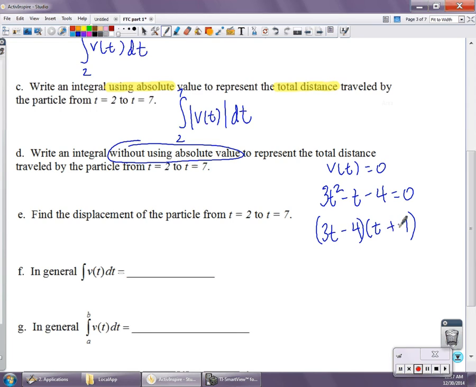Let me check myself here. Negative 4t plus 3t gives me negative t, and that'll give me negative 4. So t is equal to 4/3, and t is equal to negative 1, and we're going from 2 to 7. Negative 1 is not on the interval from 2 to 7, and 4/3, or 1 1/3, is not on the interval either.